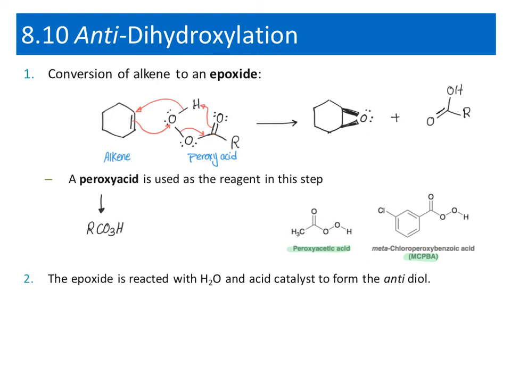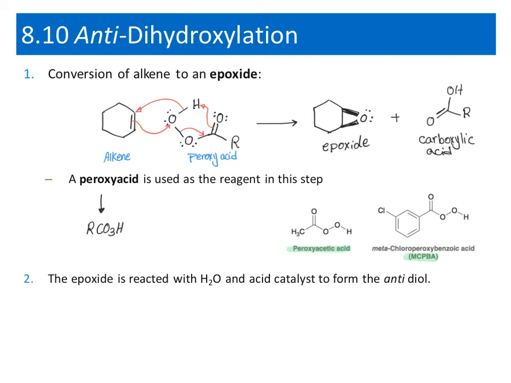If you look at this structure, it is a carboxylic acid. It is just rotated in space. Our C double bond O, OH is a carboxylic acid, and this one is the epoxide.